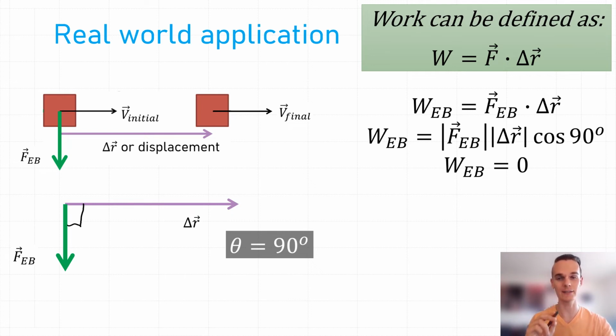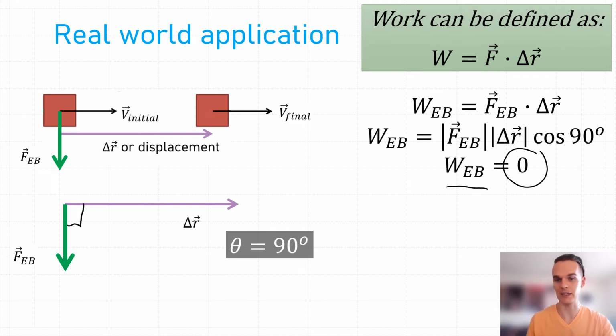Even though, and this is important, even though the magnitude of the force vector and the magnitude of the displacement vector are positive non-zero, the cosine of 90 degrees took the dot product to 0. So the work that the Earth does on the box is equal to 0.